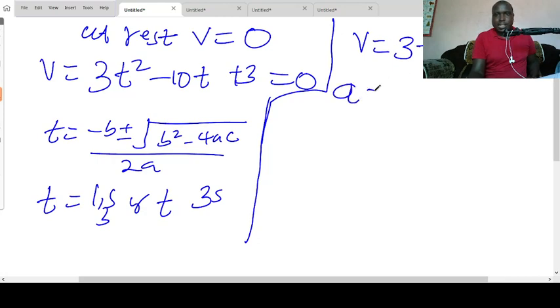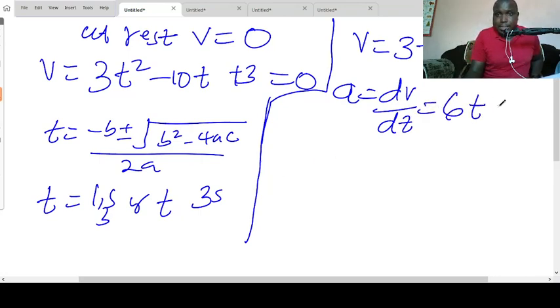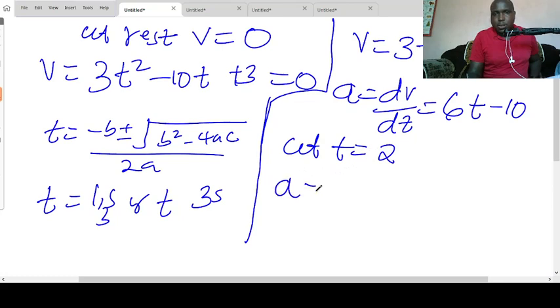Therefore, acceleration is equal to dv over dt, and this one will be 6t minus 10. That is the differentiation of v. But when t is equal to 2, then a will be 6 into 2 minus 10.